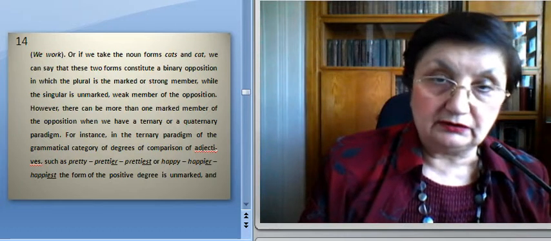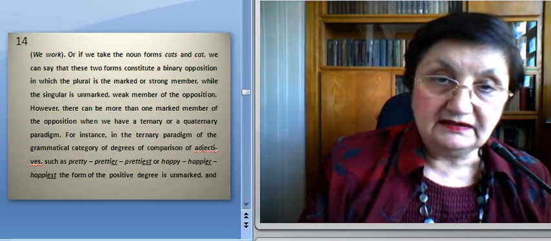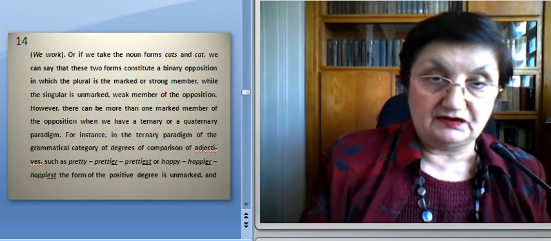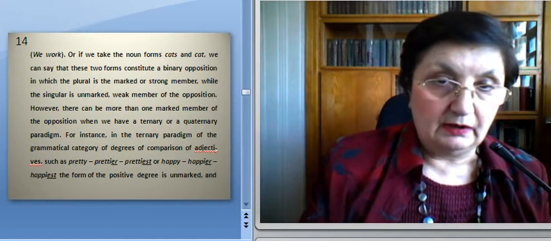However, there can be more than one marked member of the opposition when we have a ternary or a quaternary paradigm.